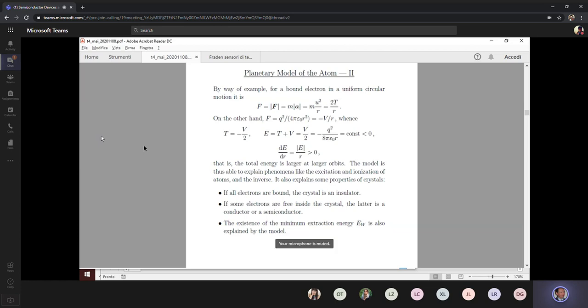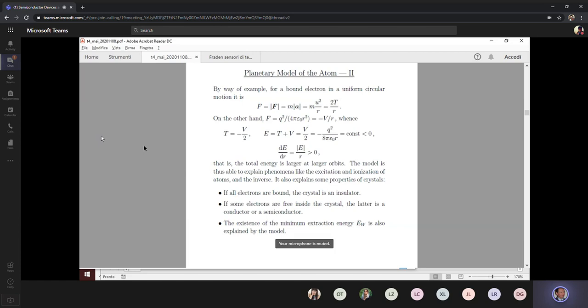Or the inverse phenomenon is that the electron is excited to some higher energy state and then it goes back to the original lower energy state. And of course, in doing that, the electron must release the extra energy. Okay, so this is the process that is the opposite or the inverse of excitation.